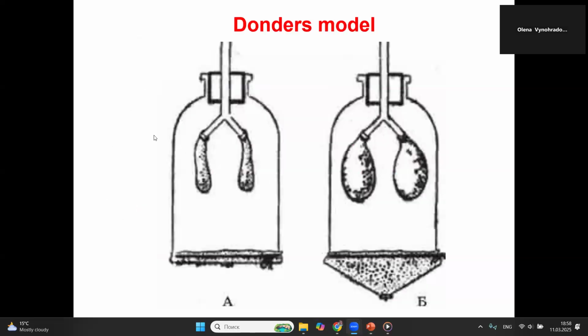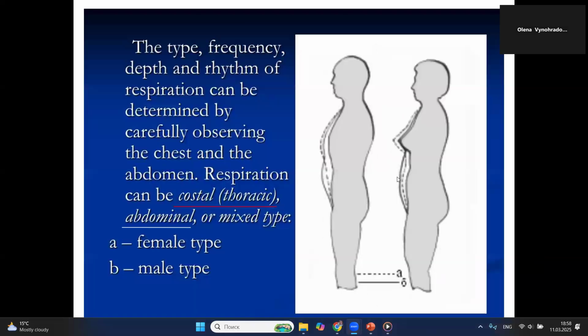This is the Donders model, as I showed you a few seconds ago. And as I told you, when we are talking about men's and women's breathing, the male type uses the muscles of the abdomen and diaphragm, but women use the costal thoracic muscles.